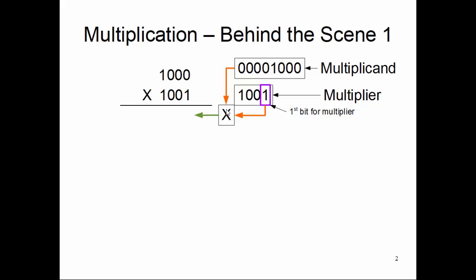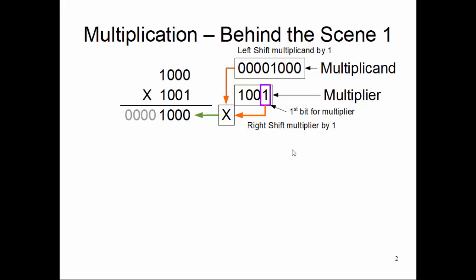Somehow we can do the multiplication, and the result is written as a partial step: 00000000, right? So that becomes your multiplication result from the first bit.